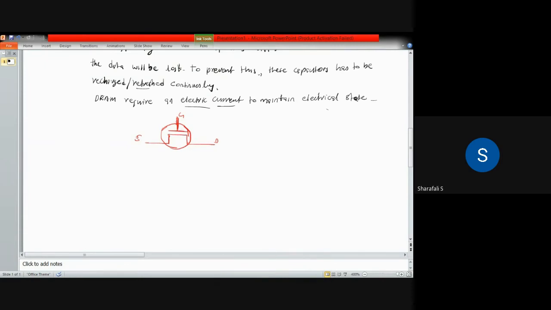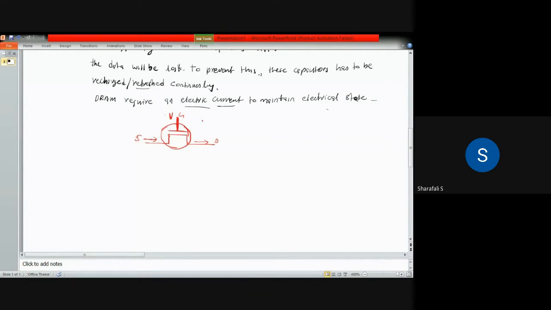As you have studied for the FET operation, this will act like a short circuit and current flows from source to drain.